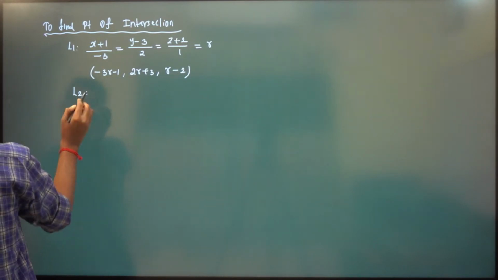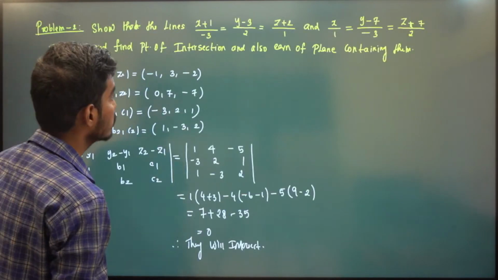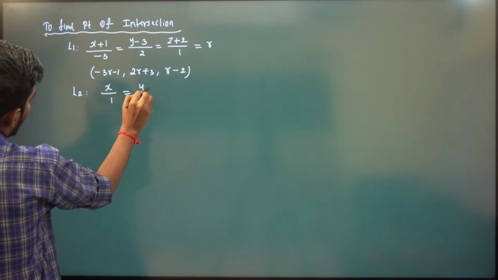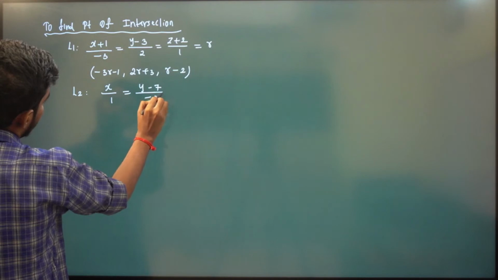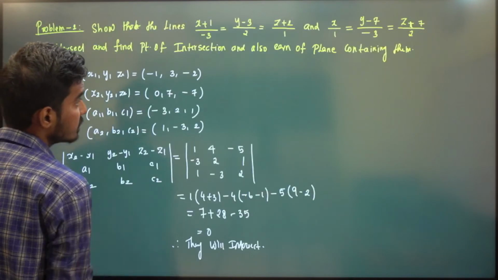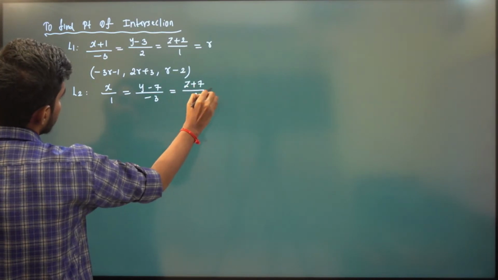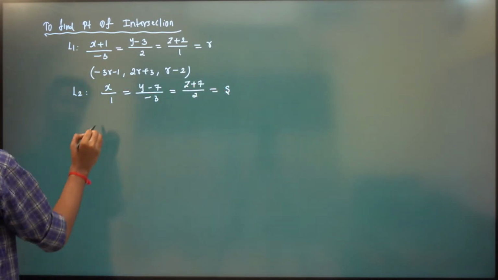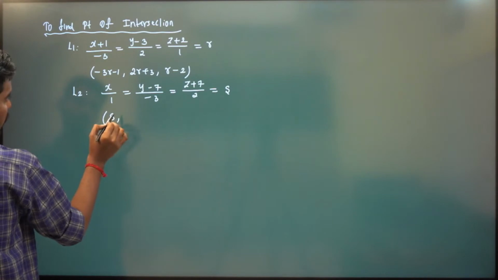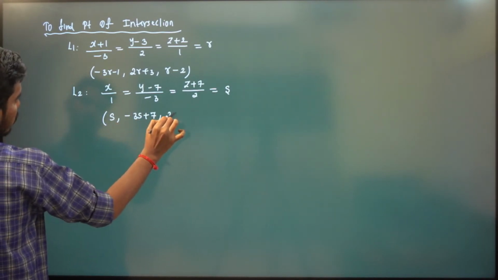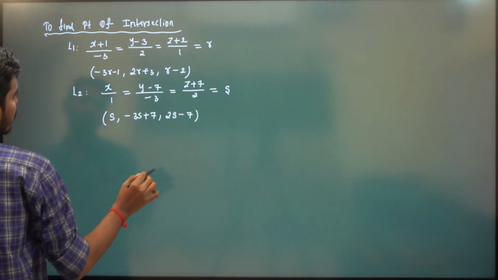And similarly, what is L2? L2 is x by 1, (y minus 7) divided by minus 3, (z plus 7) by 2. Let us say it is equal to some s. So here x is s, y is minus 3s plus 7, z is 2s minus 7, right?